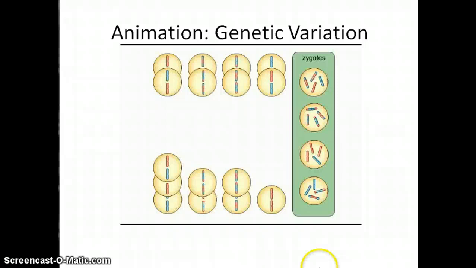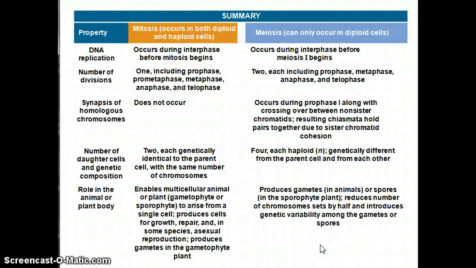So we're going to end up here with an overview of looking at the differences between mitosis and meiosis. So we don't want to confuse the two. And so there's a really nice chart here that goes over those differences. And I would pause and study this, and make sure that in your notes you have a very clear idea of the difference between the two.